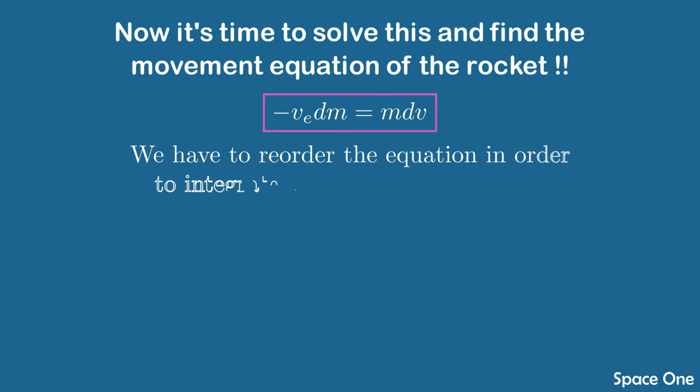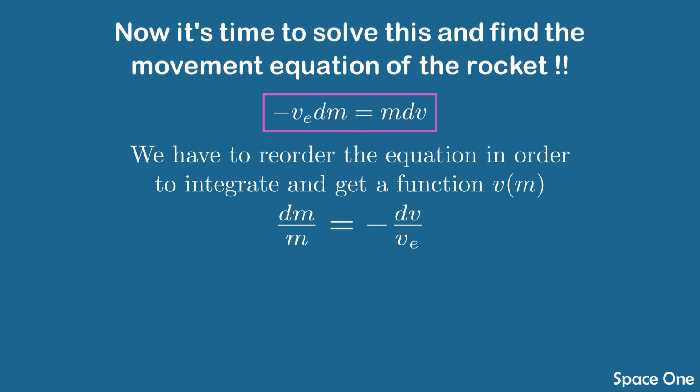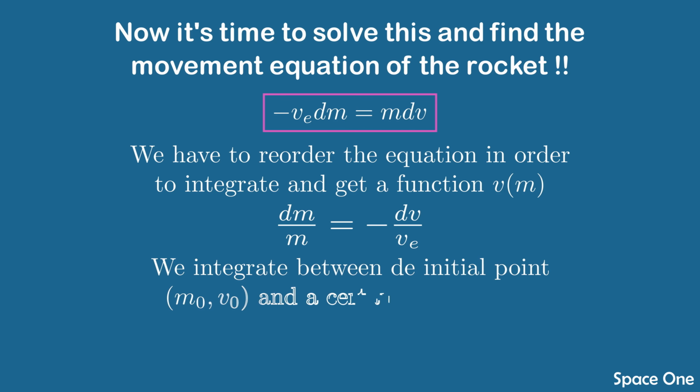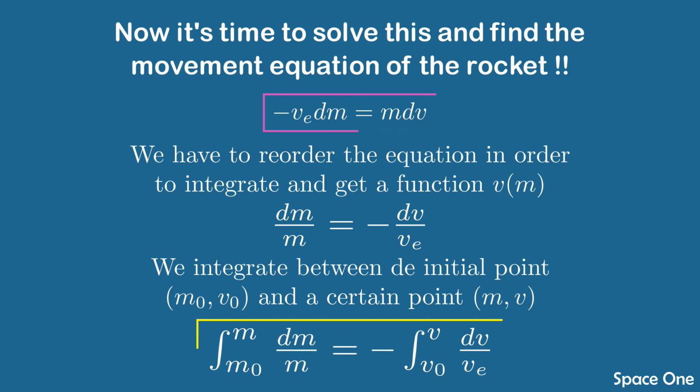We have to reorder the equation in order to integrate and get a function v of m. We integrate between the initial point m0, v0, and a certain point m, v.